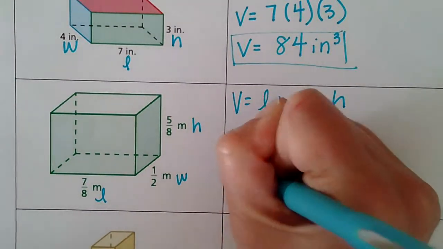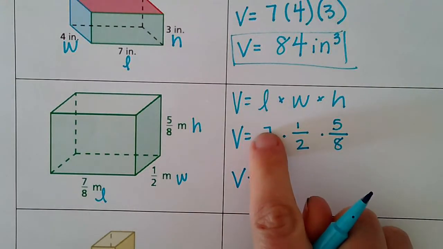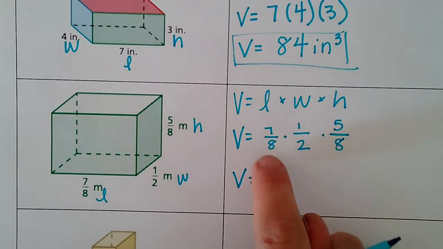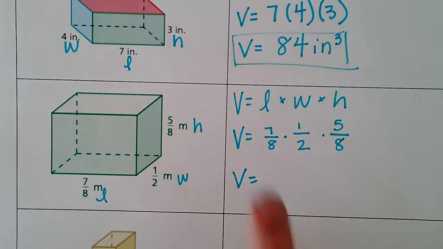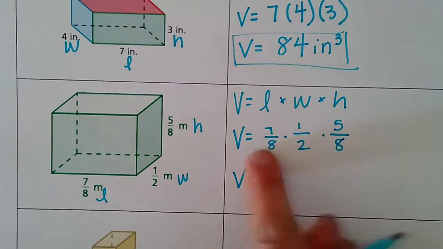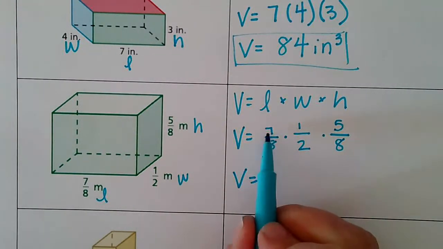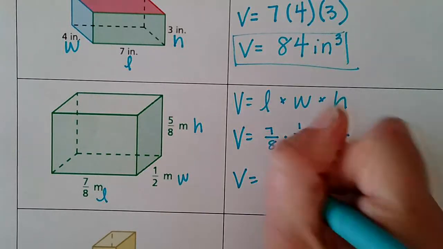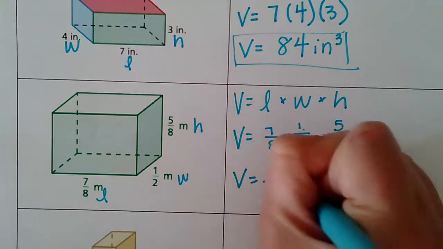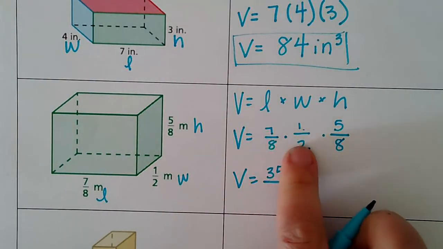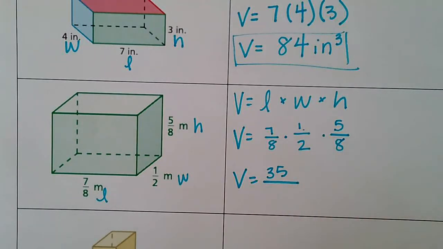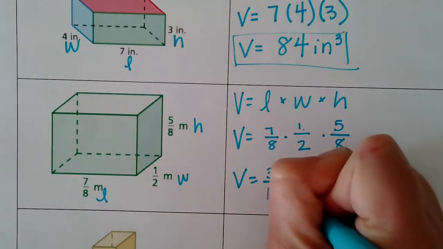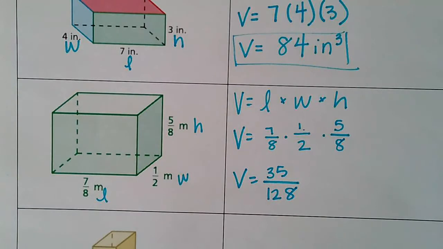When I multiply fractions, I multiply across my numerators and across my denominators. So 7 times 1 times 5 is 35. And then 8 times 2 times 8 is 128. Now, I need to double check that I can simplify this.